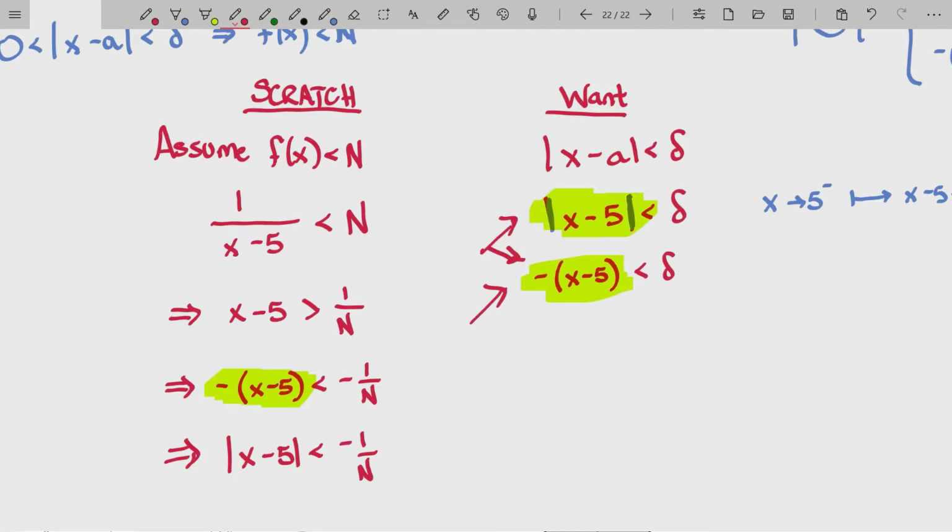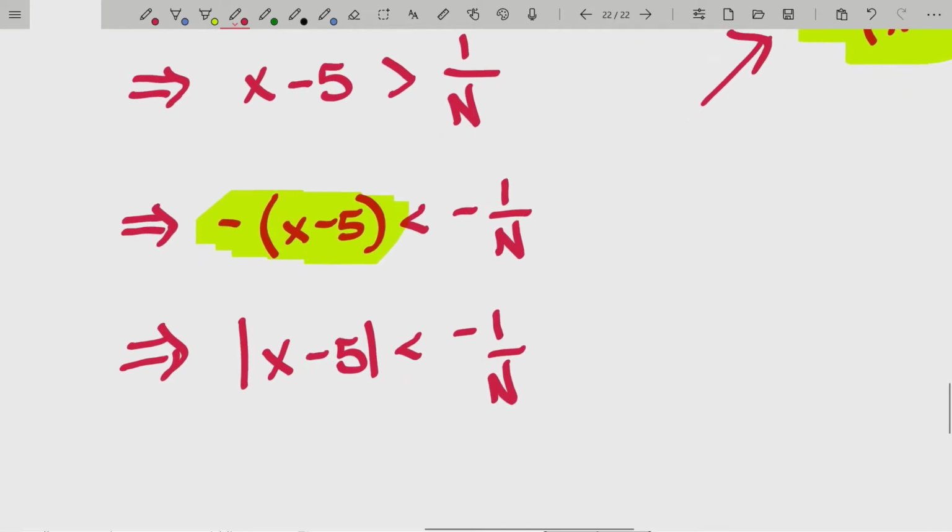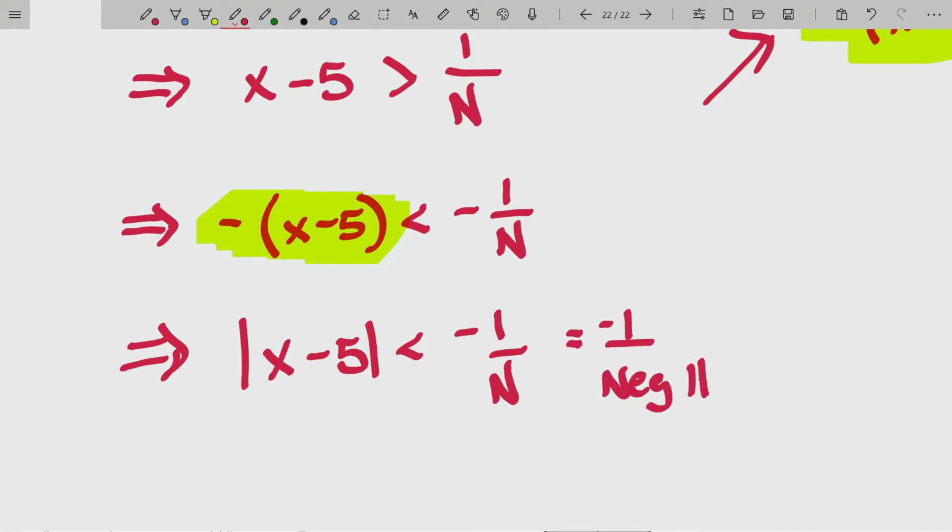You should ask that, because absolute values should never be less than a negative number. However, this right-hand side is not negative. It looks negative to you, but that's actually a negative 1 over a negative large number. So that should actually be positive.